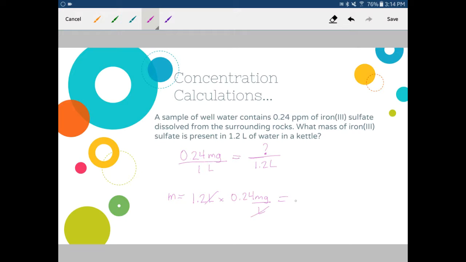And again, this is the same thing as cross multiplying and dividing, I will get 0.29 milligrams, because my unit is milligrams, of iron sulfate in my kettle. All right, so these are sort of simple calculations. Generally, they're involving a cross multiply and divide. Here I cross multiplied 0.24 times 1.2 divided by 1, and I get my answer.